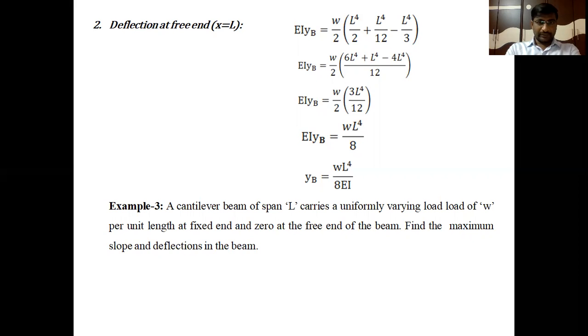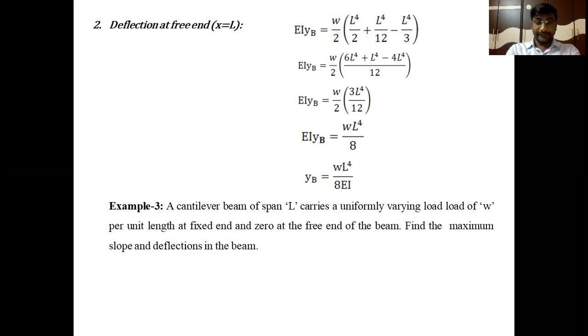Let us go for example 3. In this class, we will discuss example 3: a cantilever beam of span L carries a uniformly varying load of W per unit length at the fixed end and 0 at the free end of the beam.